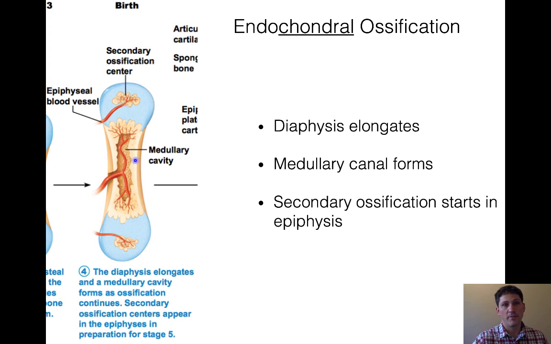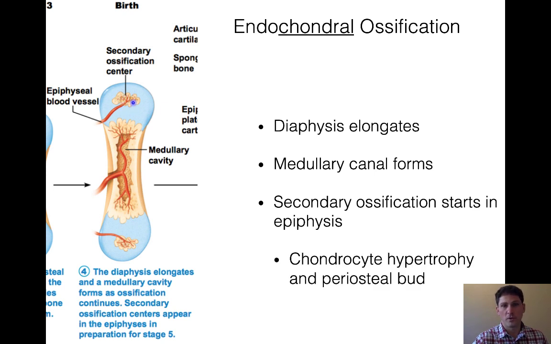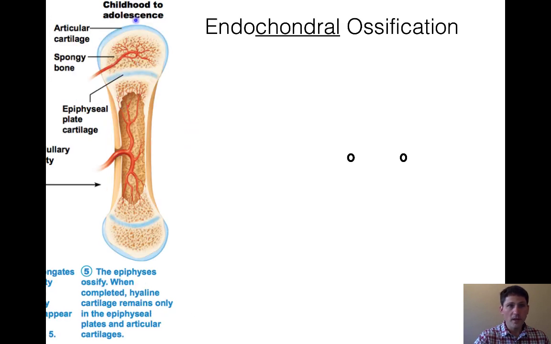Essentially the same thing we saw with our primary ossification center starts happening up in the epiphyses so that we can start forming more spongy bone up here. Again, chondrocytes start to hypertrophy, and we form these periosteal buds. Then between childhood and adolescence, we start to see that the epiphyses are ossifying.